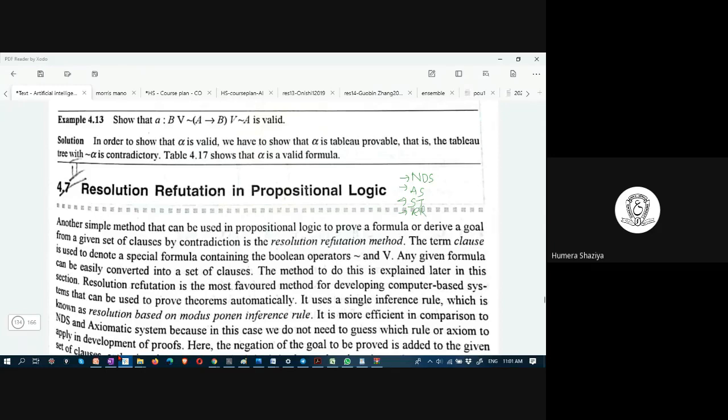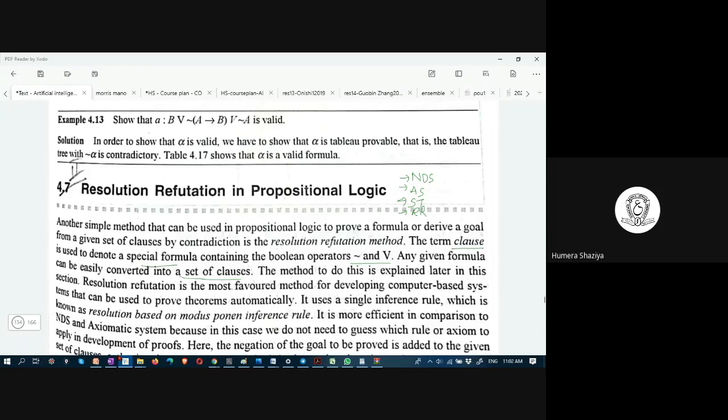A simple resolution refutation method is following the backward chaining strategy. There is a term called clause, which is used to denote a special formula containing Boolean operators and, or. And any given formula can be converted into a set of clauses.